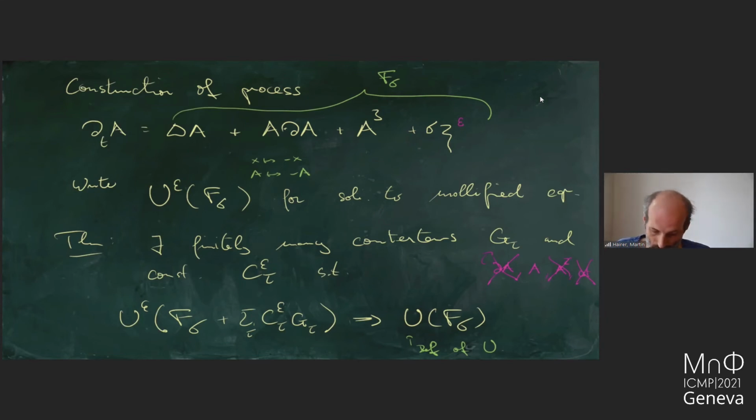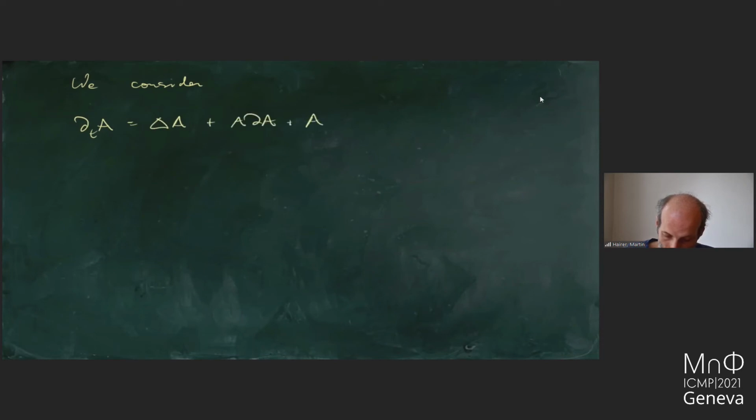So let me just, right here. So first, right, since we restrict ourselves to this term here, we're really considering, right? So now we consider eta, Laplacian A plus A dA plus some sort of A cube, and this guy is gauge invariant.